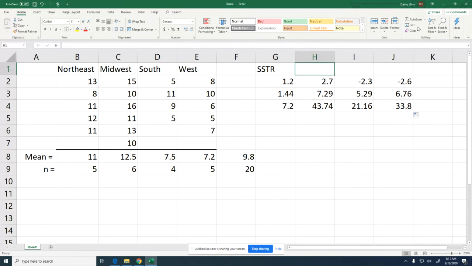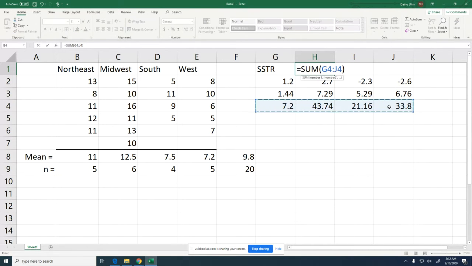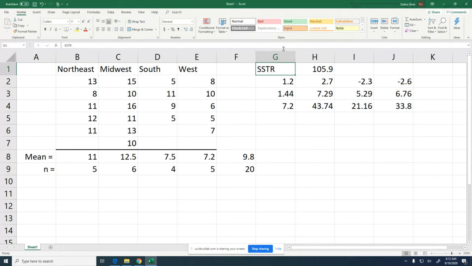How many terms? K is 4, so we take the sum of the 4 terms. Does it make sense? So SSTR will be 105.9.